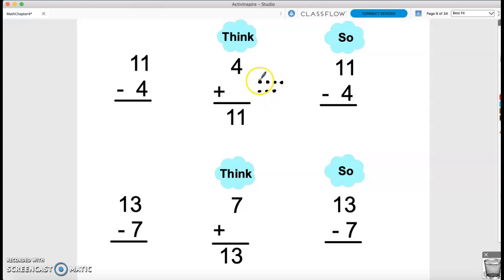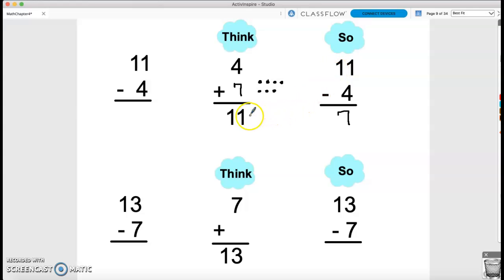So let's count our dots. 1, 2, 3, 4, 5, 6, 7. So we have 7 dots. So 4 plus 7 equals 11. So 11 minus 4 equals 7. Good job.